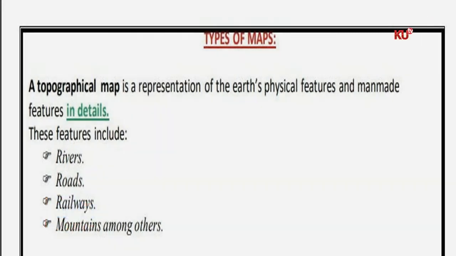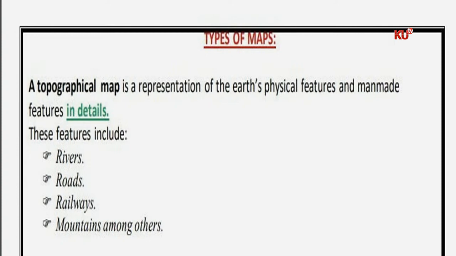So a topographical map is a representation of the Earth's physical features and man-made features. And these details are always presented on a key. So these features can be rivers, roads, railways, mountains, among other physical features.